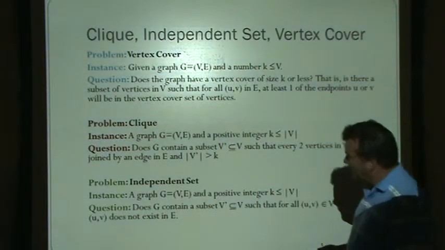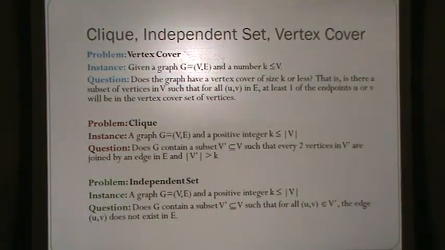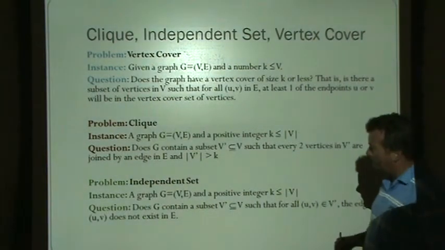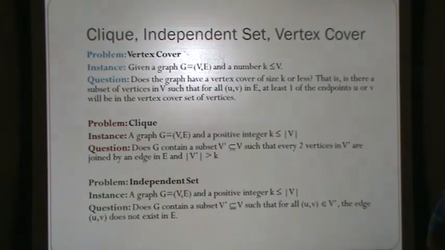And then the independent set, which is kind of a negation of that, would be, is there a subset of vertices within the graph such that none of them have an edge between them? So the question of what is the maximum independent set, it's obviously easy to find a minimum independent set, just find 2 points that are not touching each other and you found a 2-point independent set.